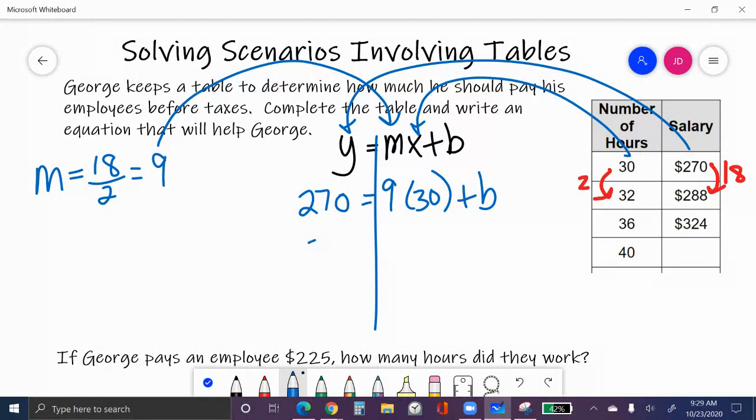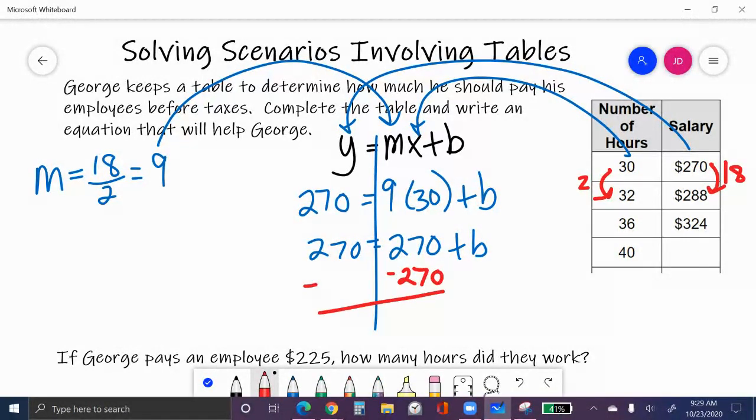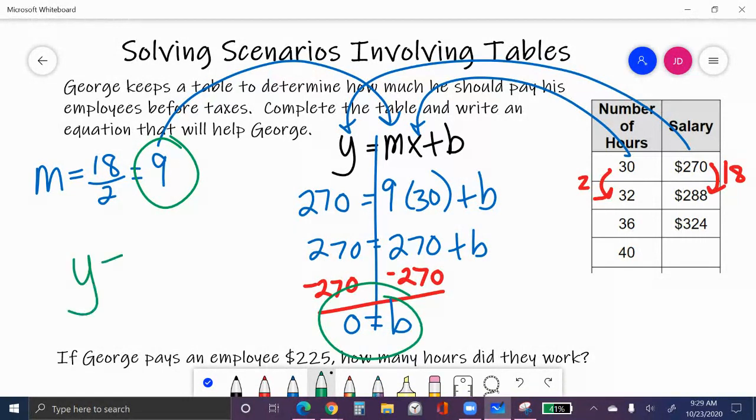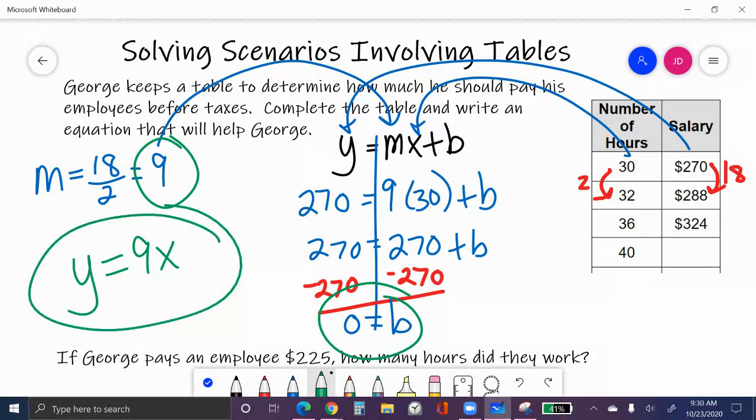So 270 equals 270 plus b. When I try to isolate b from my equation, I get my b is 0. So my slope is 9, my b is 0, so my equation is y equals 9x. That's my function rule. I don't have to put the plus 0. I can just use y equals 9x.